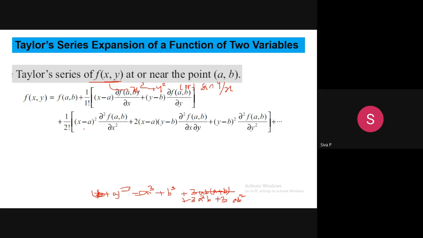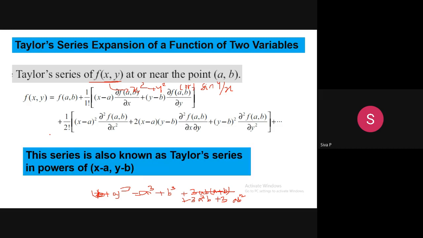So in the place of x minus a, whatever it may be, and in the place of y minus b, you have to write that. That's all. If you change it like this, then it is the third order. Here I have not given it, but in the problem we will solve it. The problem I will explain.